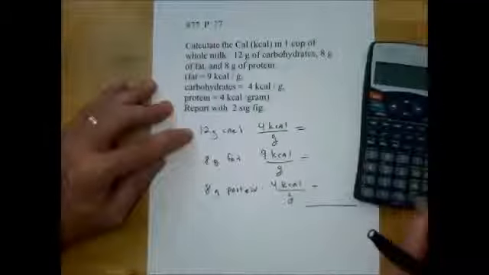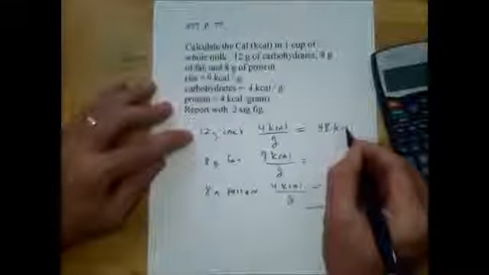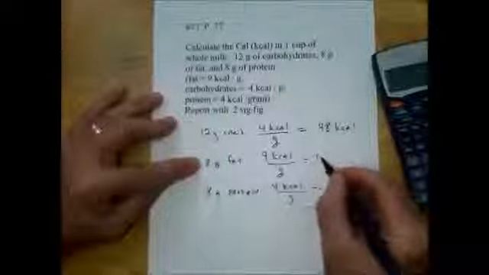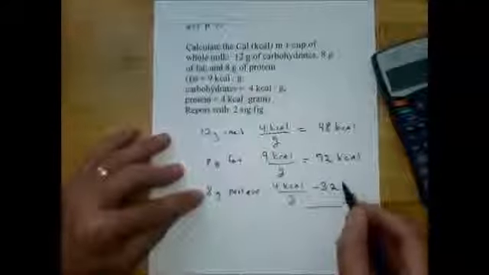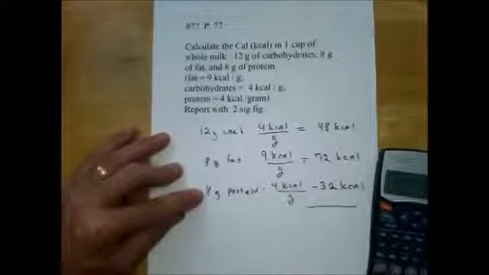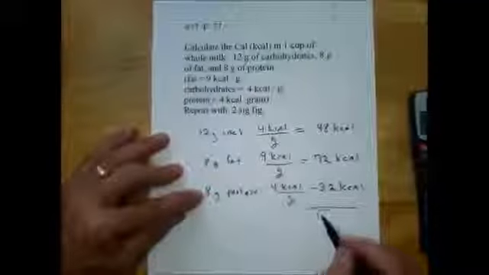So 12 times 4, really don't need my calculator for that, but it's 48 kcals. 8 times 9 is 72 kcals, and 8 times 4 is 32 kcals. And all we have to do is add them all up, 48 plus 72 plus 32, and I get 152 kcals.